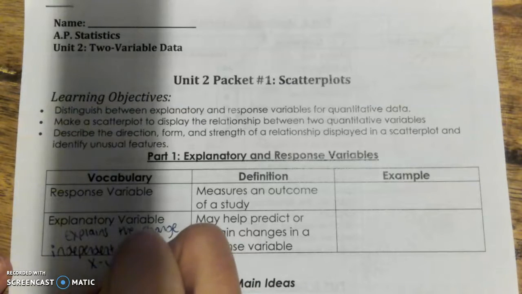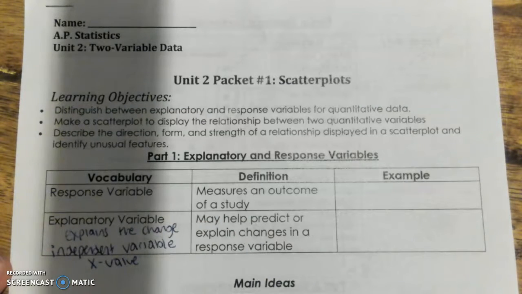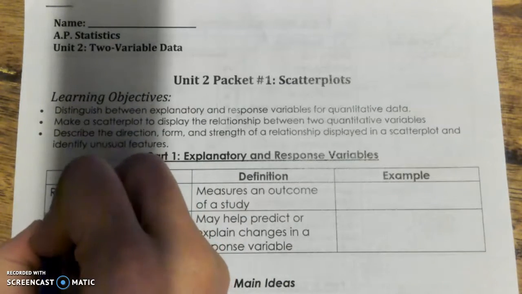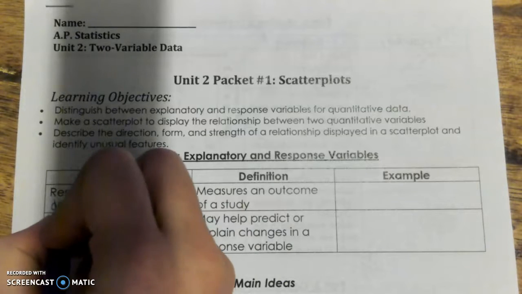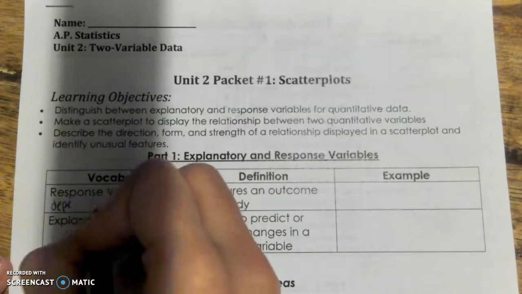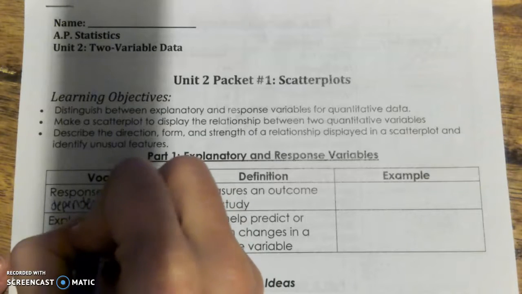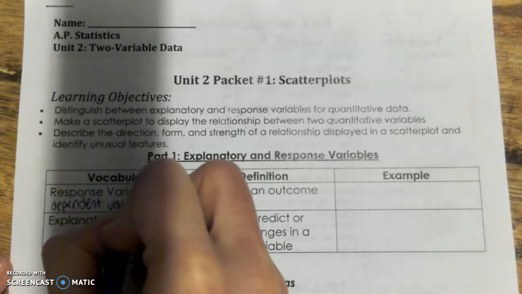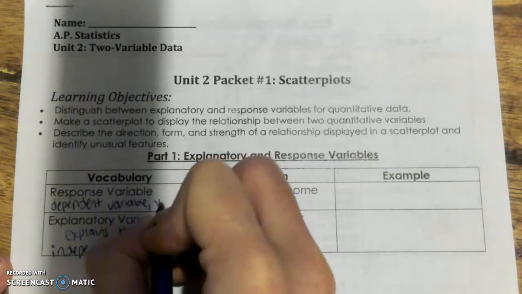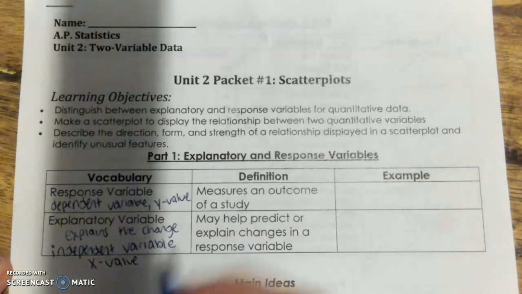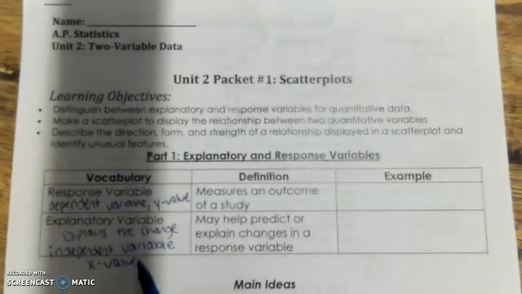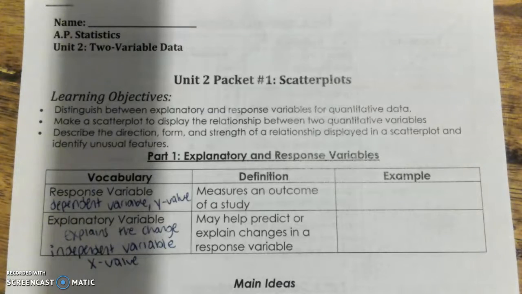And the x value. So that would make the response variable the dependent variable because it depends on the explanatory, right? Dependent. And the y value. The x and y value are important to differentiate because when we actually plot the scatter plot, we always want the explanatory value on the x value.